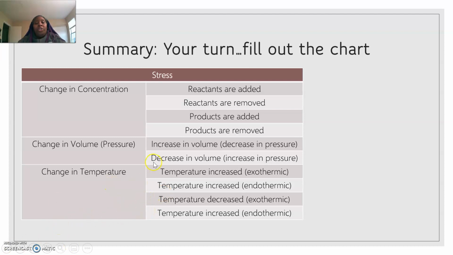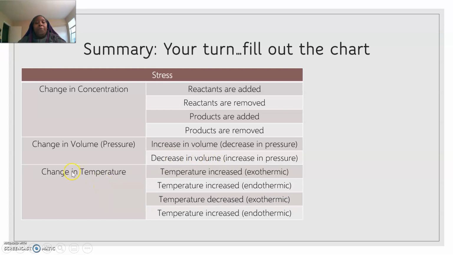The second situation is a decrease in volume, which is going to be an increase in pressure. Now we're reducing the amount of space that those gas moles have to navigate. So in order to get rid of the stress on the system, it's going to want to produce the least amount of material. So it's going to shift to the side that has the least amount of moles.